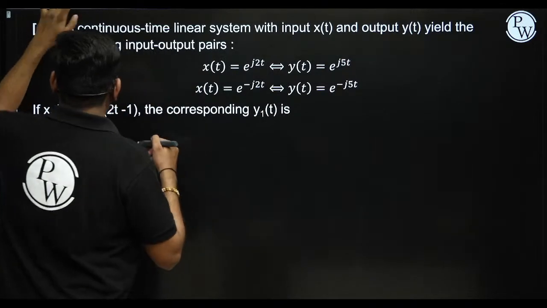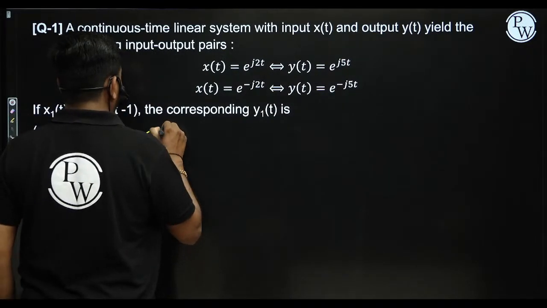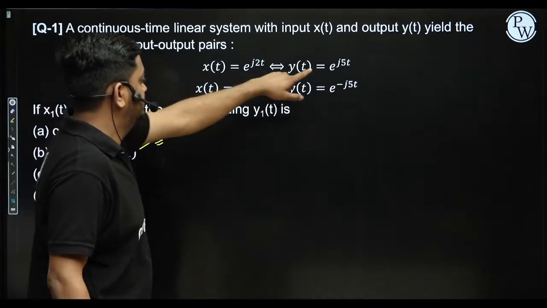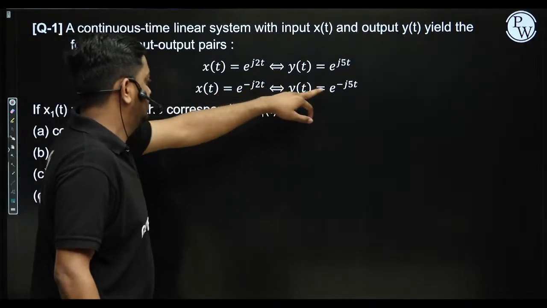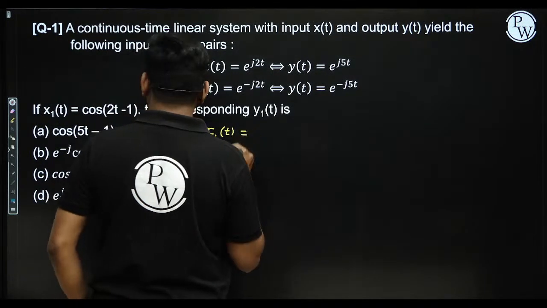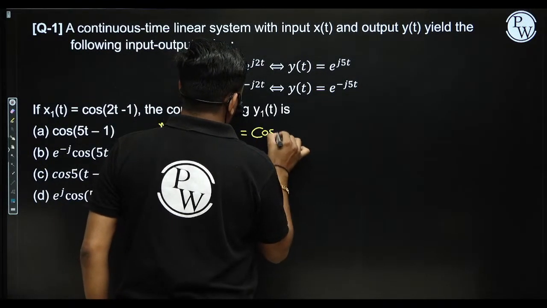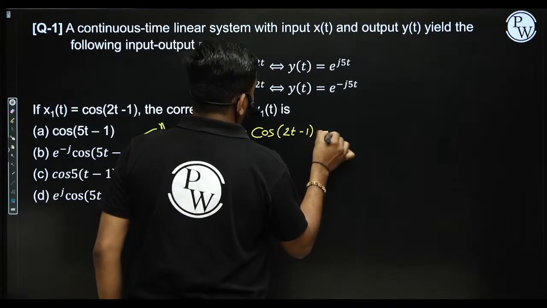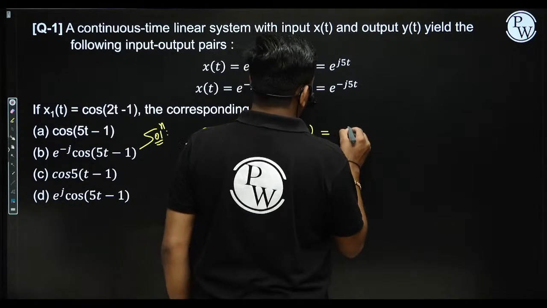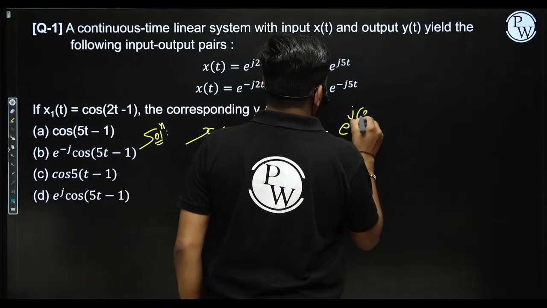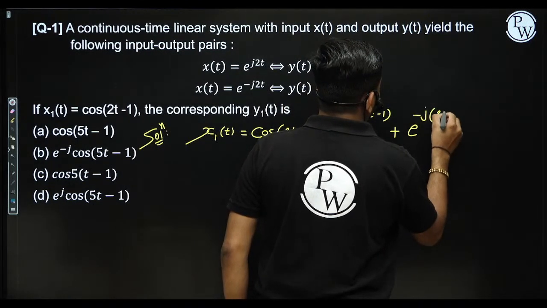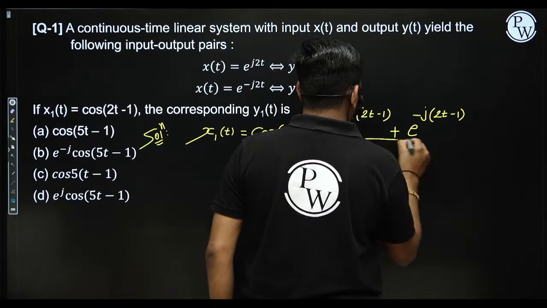Okay, so how to solve this question, guys? See here. This is the input. For this input, it produces this output. For this input, it produces this output. Now, what is the input x1 of t? It is cos of 2t minus 1. Now use the Euler form, guys: e to the power j theta plus e to the power minus j theta, divided by 2. So e to the power j into 2t minus 1 plus e to the power minus j into 2t minus 1, whole divided by 2.